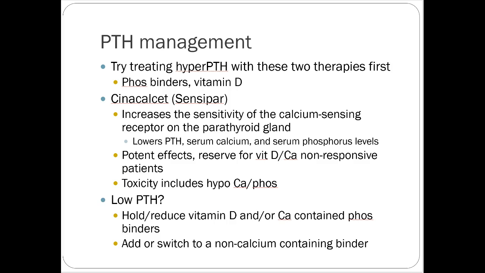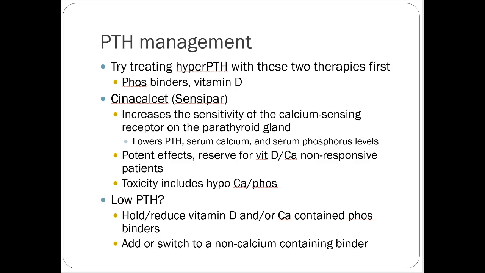And then we have parathyroid hormone management. So treating hyperparathyroidism is going to be looking at managing the phosphate binding aspect and supplementing vitamin D. Generally, if those two things are done correctly, your parathyroid hormone should be normal. There is a medication called cinacalcet or Sensipar, which increases sensitivity of the calcium sensing receptor on the parathyroid gland.